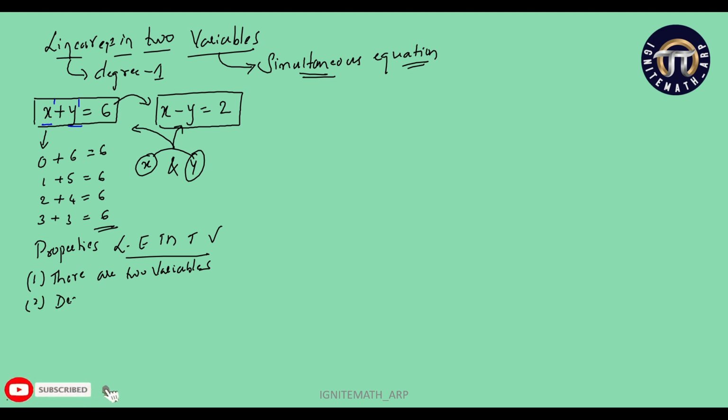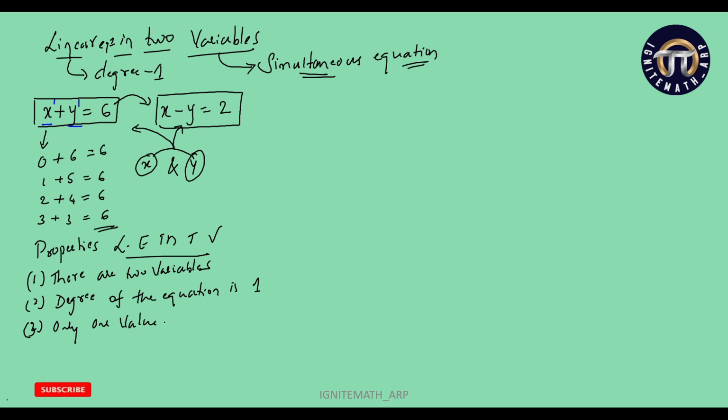And what is the degree of the equation, my child? The degree of the equation is 1, because I am calling it a linear equation. Clear, children? And the third property is only one value, in the sense root, of x as well as y.